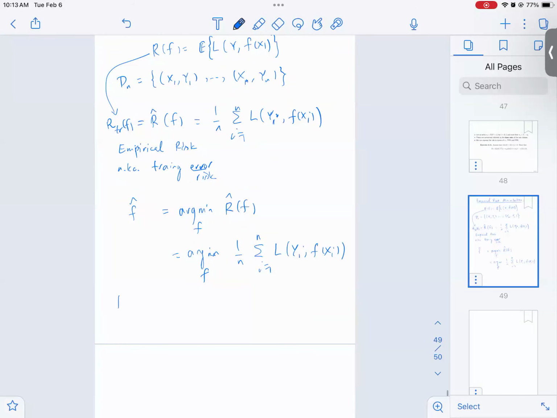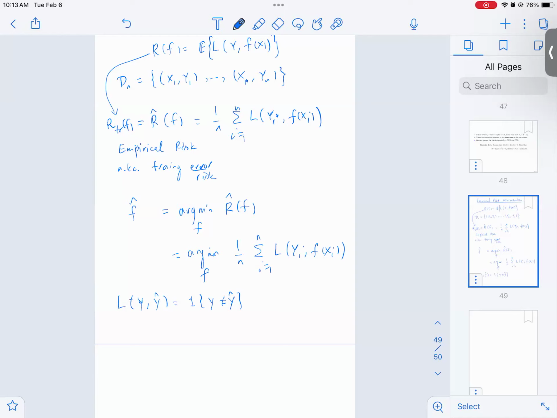Okay, so imagine L is just the 0-1 loss. Then if I do this, you can easily show that minimizing this would give you that plug-in optimal rule.